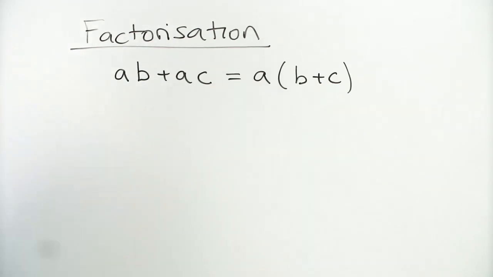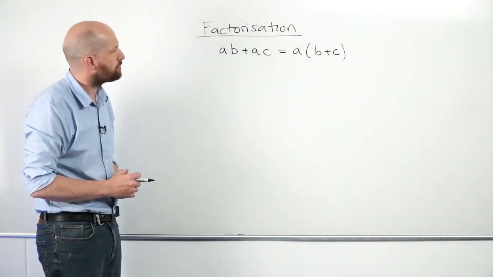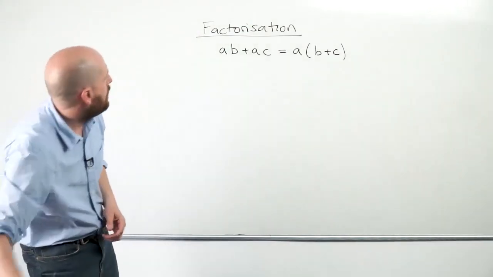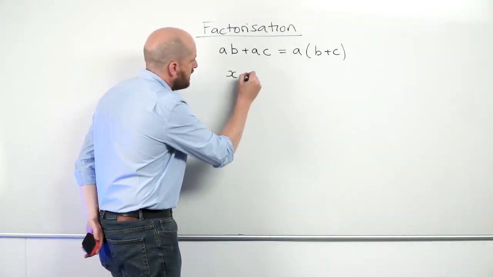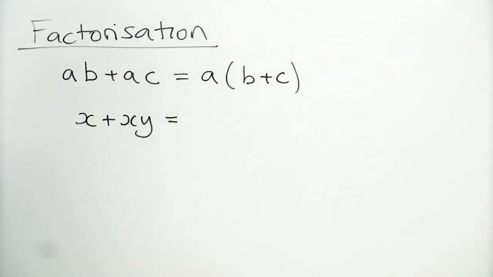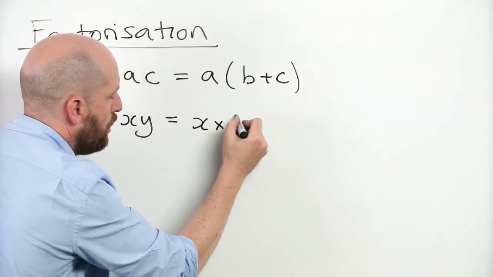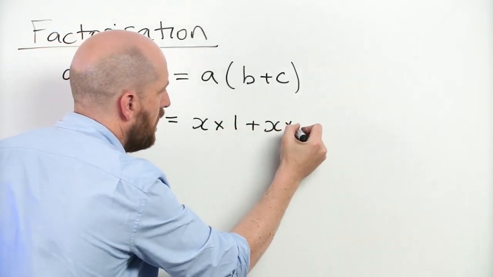Okay, so this is a relatively simple example, but there are rather complicated examples. One example might be, let's say, x plus xy. The idea here is to spot a factor in those two different terms, the x and the xy. Well, x is a factor. In fact, x plus xy can be written as x times 1 plus x times y.